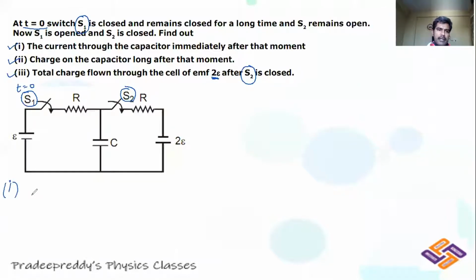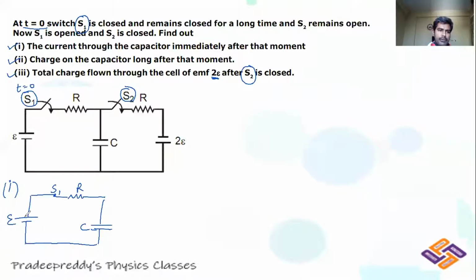S1 is closed and here is resistor R. There is a battery connected to this capacitor when S1 is closed, and this is capacitor C, here is EMF E, and this is switch S1. There is no connection with the 2E battery in the first situation when switch S1 is closed.